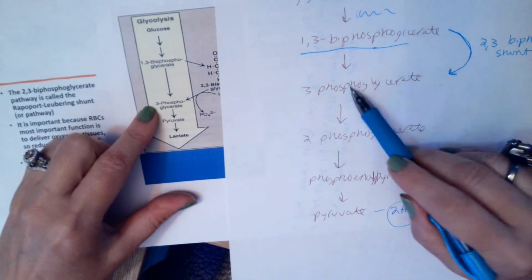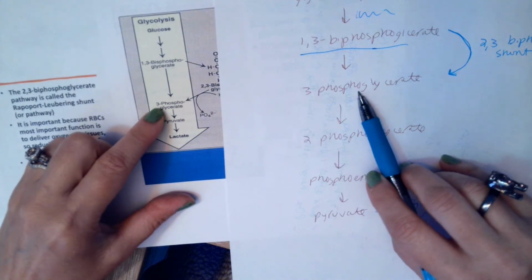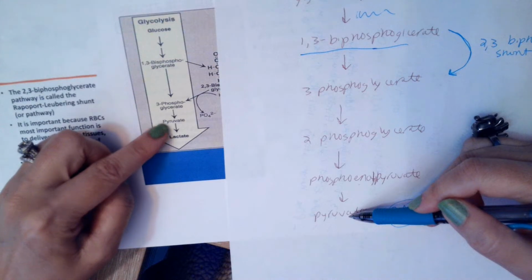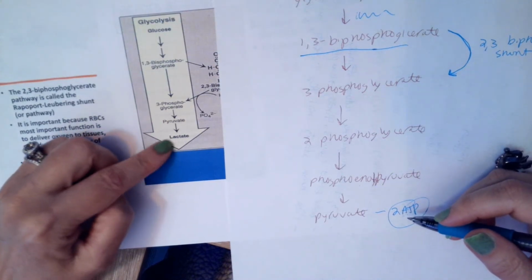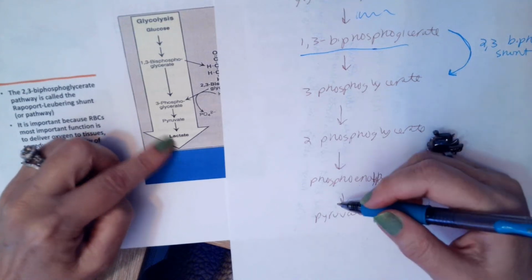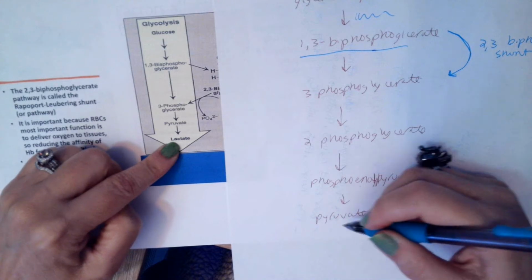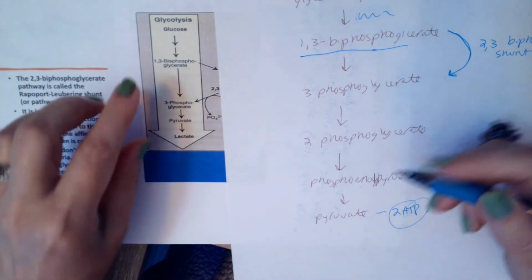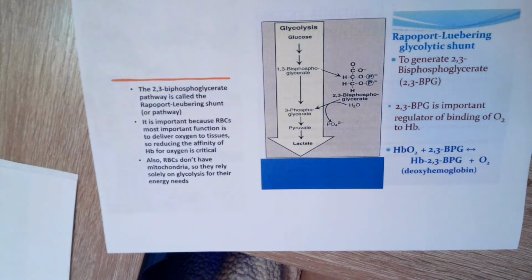Then we will rejoin at 3-phosphoglycerate. And then yada yada yada, we get to our pyruvate at the end where we get our ATP. Because we don't have mitochondria, we're not going to do the electron transport chain, we get lactic acid, which we can deal with in the Cori cycle because we're not having a hypoxic situation. Anyway, we're not going to worry about that lactic acid or the pyruvate. We're just worried about right here and our little 2,3-biphosphoglycerate shunt.